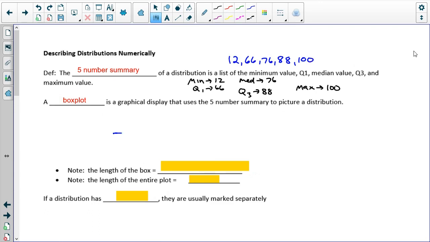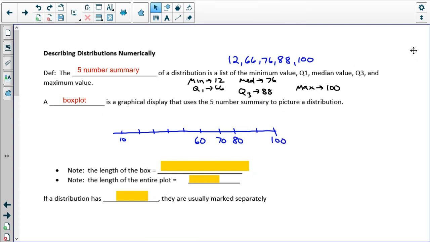A box plot is going to use a number line: 30, 40, 50, 60, 70, 80, 90, 100. My tick marks aren't great, but if we are trying to do a box plot here, I can just start at the minimum value, go up until 66, 76, 88, and 100.